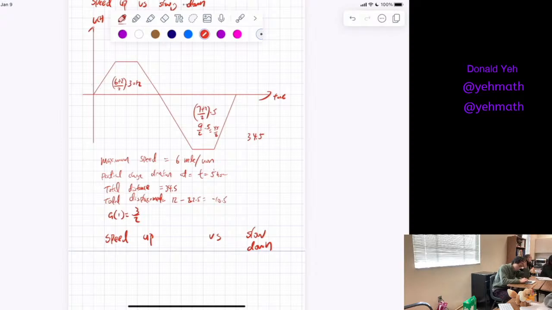So if you have velocity and acceleration with different signs, you're slowing down. Is that okay? And after the stop sign, my velocity is negative, my acceleration is negative, so therefore I'm speeding up.